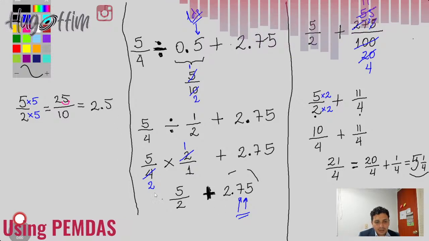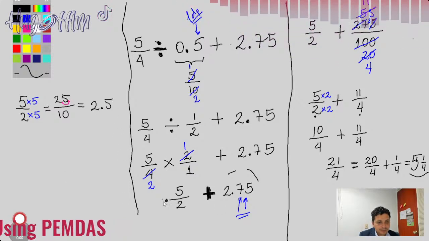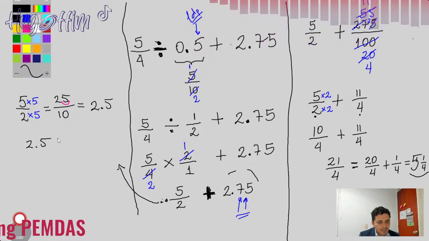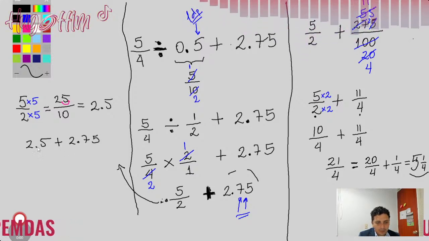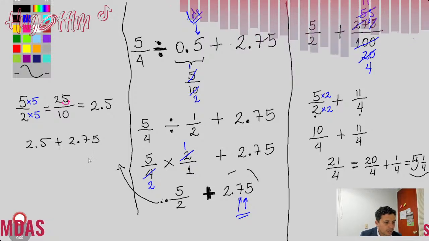So actually, this operation is 2.5 plus 2.75. Okay? And I'm going to add using column.